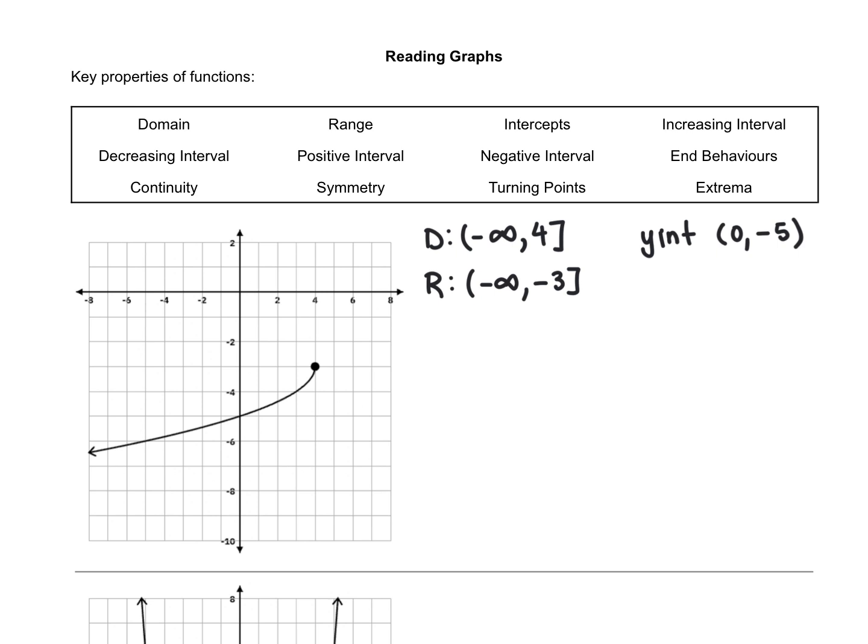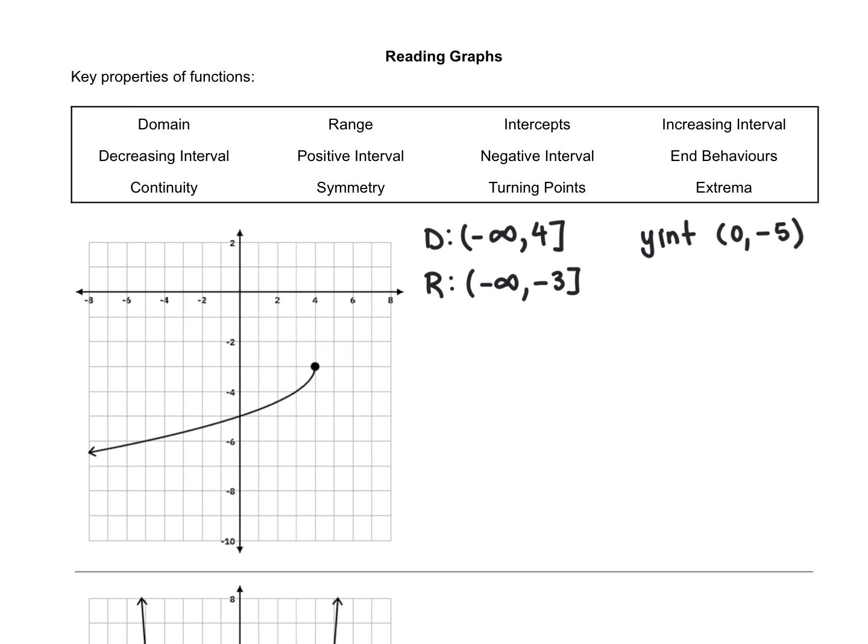Next, we're on to our increasing and decreasing intervals. As a reminder, we always want to read our graphs from left to right. So if I follow from the left, this entire function is on the way up.